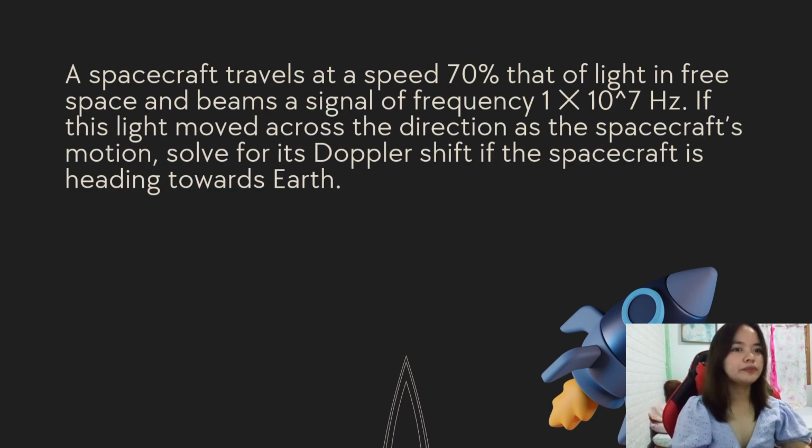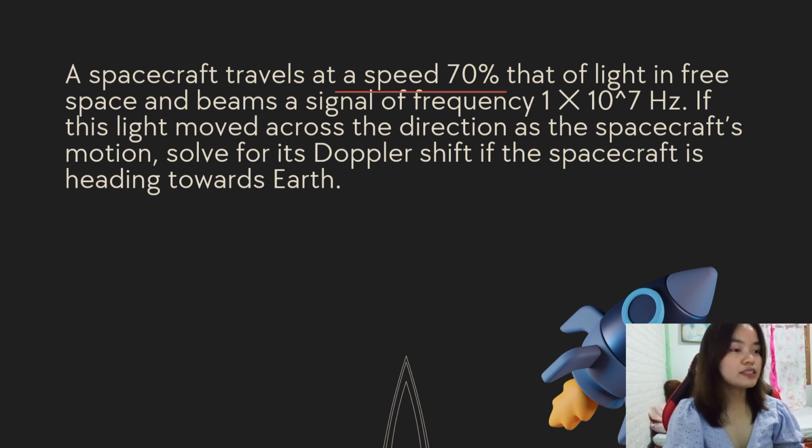For the next problem, a spacecraft travels at a speed 70% that of light in free space and beams a signal of frequency 1 times 10 raised to 7 Hz. If this light moved across the direction as the spacecraft's motion, solve for its Doppler shift if the spacecraft is heading towards Earth.